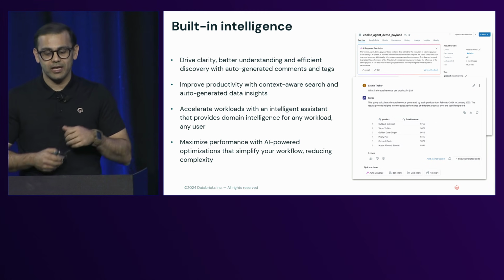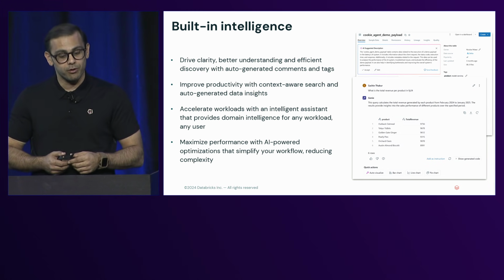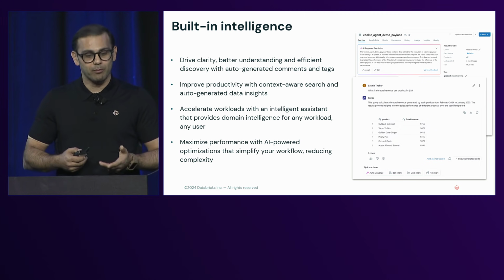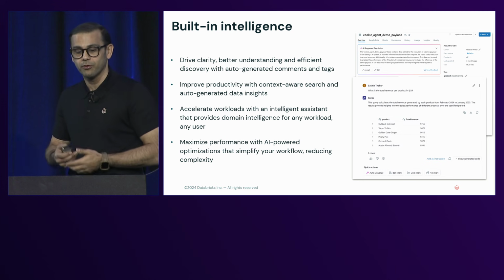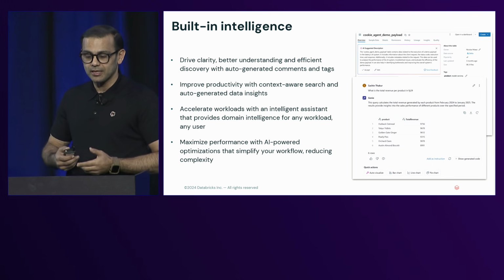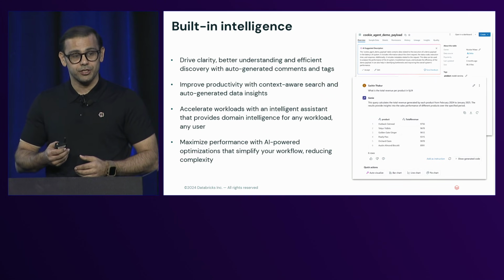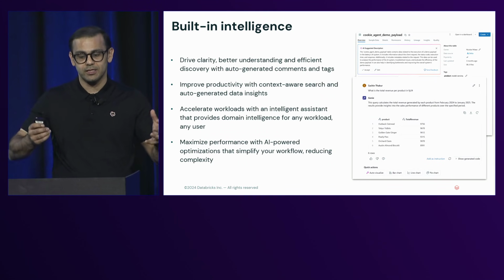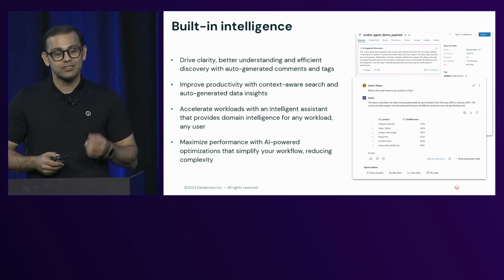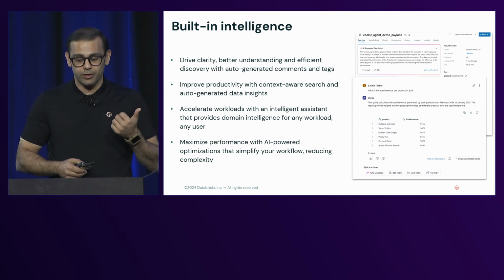Second, all of this AI-powered documentation is combined with our lineage information, which powers a context-aware search that helps users search more efficiently and be more productive. Users get out-of-the-box data insights such as popularity, usage, frequently used queries, et cetera, to get started faster. Third, Unity Catalog's metadata, documentation, lineage, usage insights, and so on, also power the intelligent assistant inside the product that understands the unique context of your data and helps your users ask questions, generate, explain, and fix code using completely natural language.